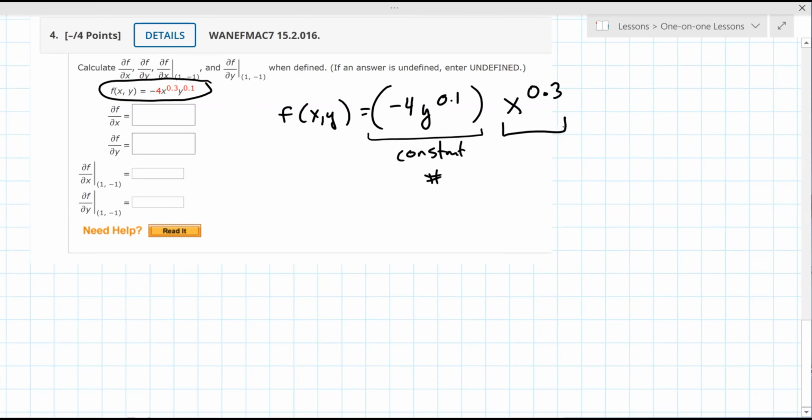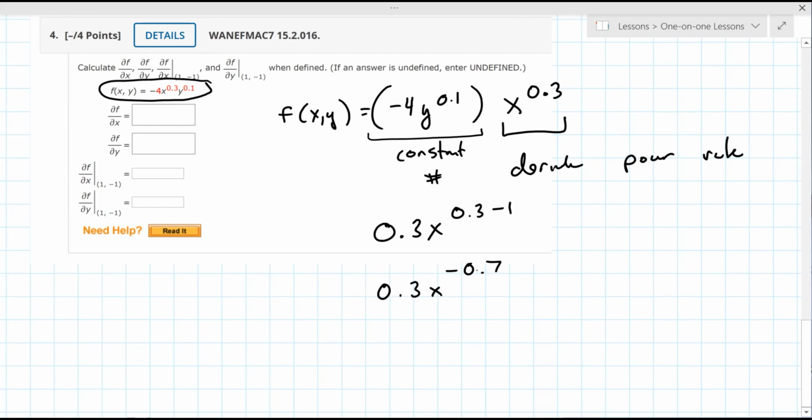And this is the thing you're going to take the derivative of using the power rule. So if I just ask you for this on the right, what's the derivative of x to the 0.3? Well, you know to bring 0.3 out in front and subtract 1 from it. So it's 0.3x to the minus 0.7 power.